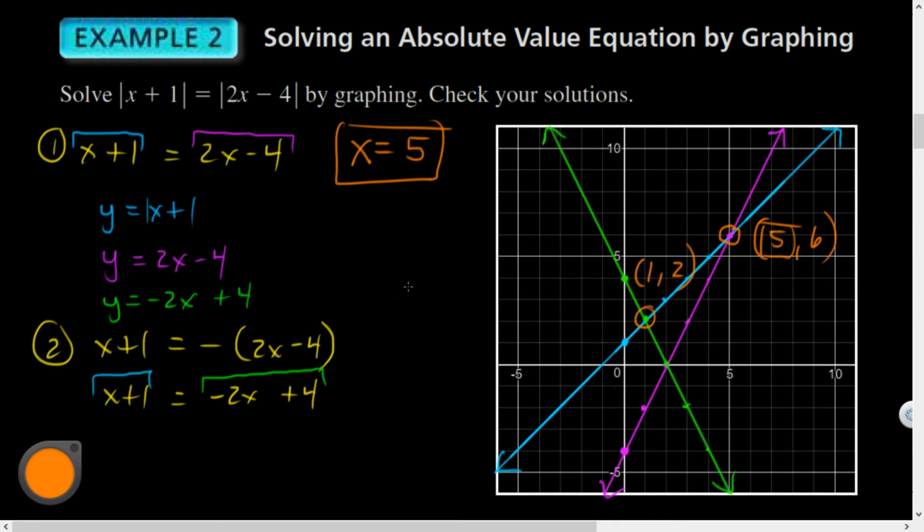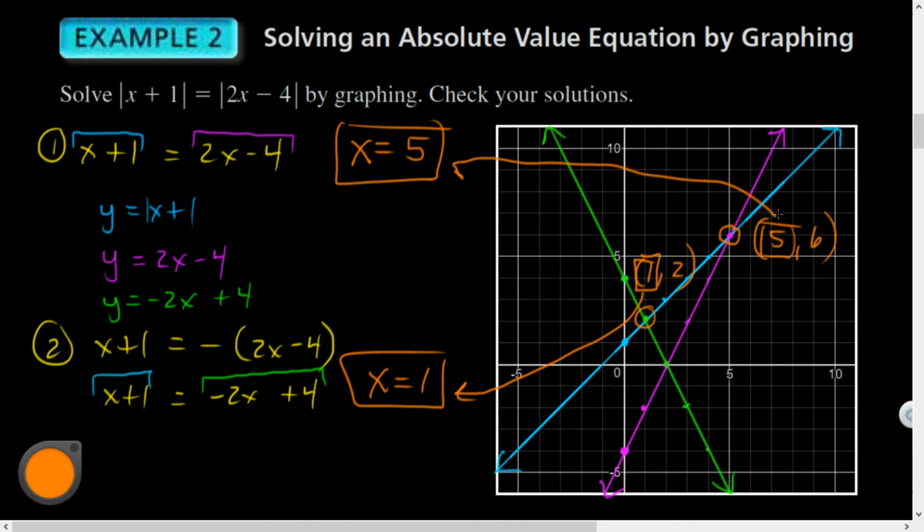So there's 1, 2, which means the solution of this equation is x equals 1, because I only care about the x value there. And so this original problem has 2 solutions.